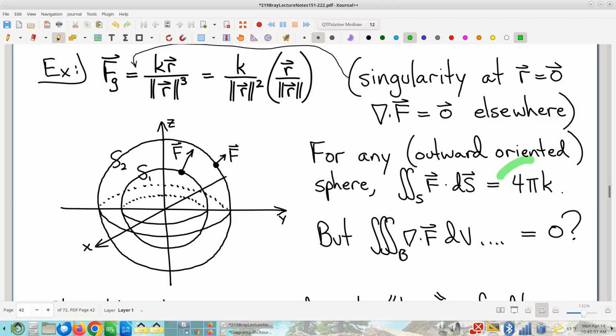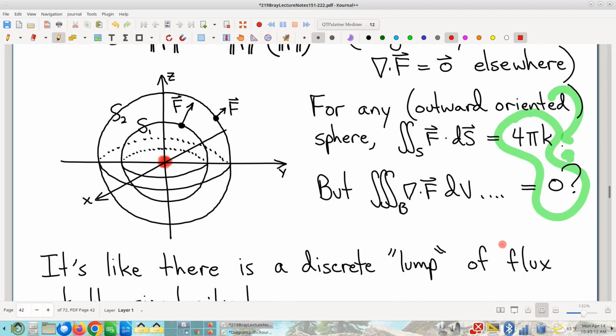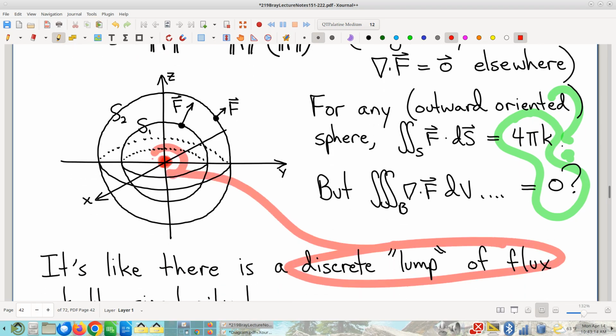And the resolution of this seeming problem was that we had to admit that while the divergence is 0 everywhere, that suggests light source density was 0. Well, yeah, but there's a discrete lump of light source, namely where flux comes from.